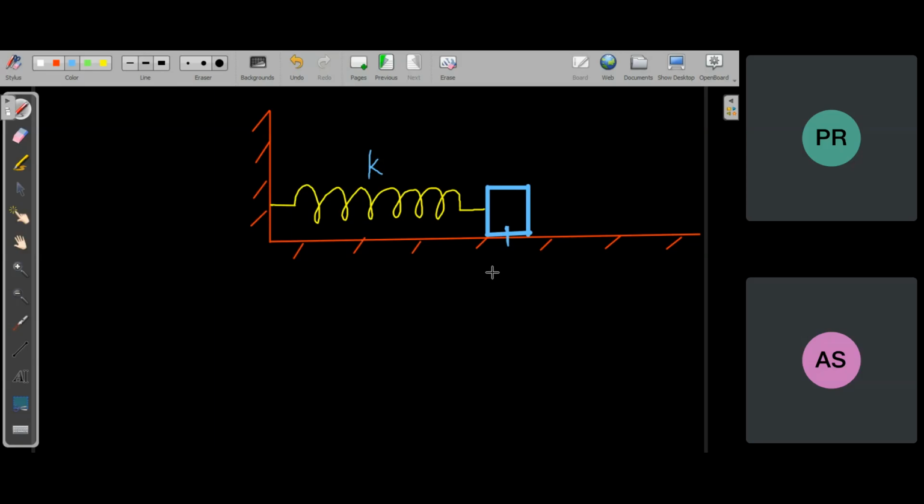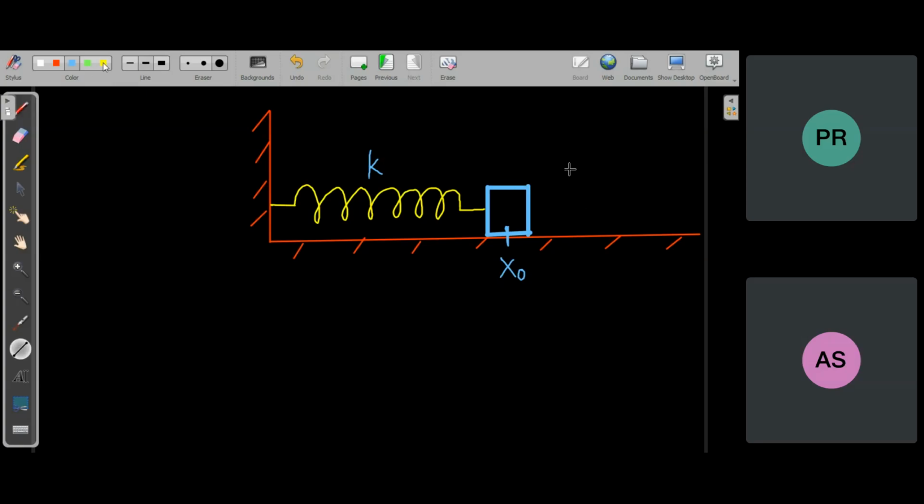If a spring is in its natural length, then what is the net force on the block? Net force on the block is 0. Let's say its position is x naught. Imagine that the block is placed on the x-axis at a point x naught. Now x naught is its mean position, because at this position net force on the block is 0.